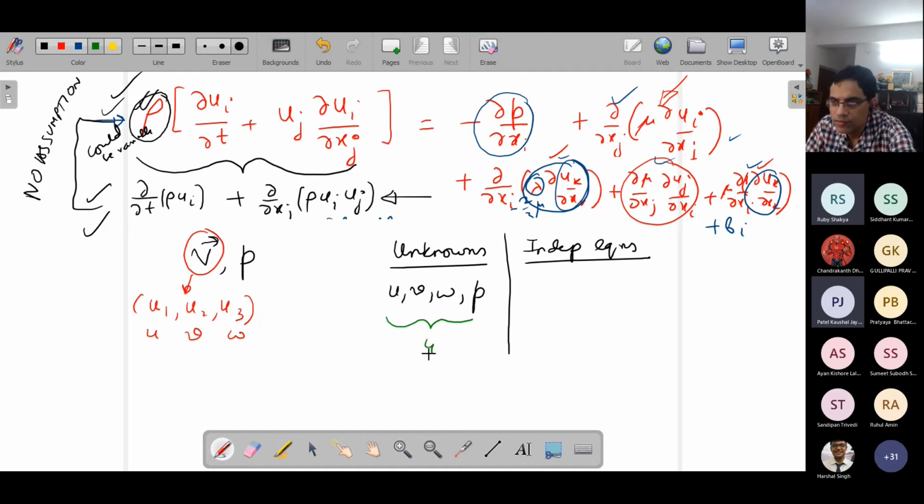B. No, body force is known, right? It is like gravity. Say if it is gravity, this is just rho into g. So in that way it is known.